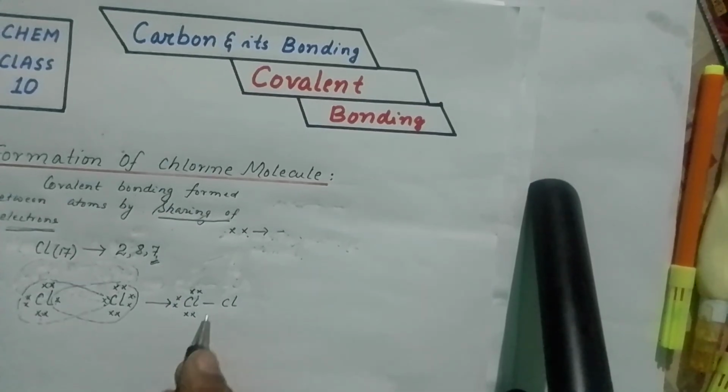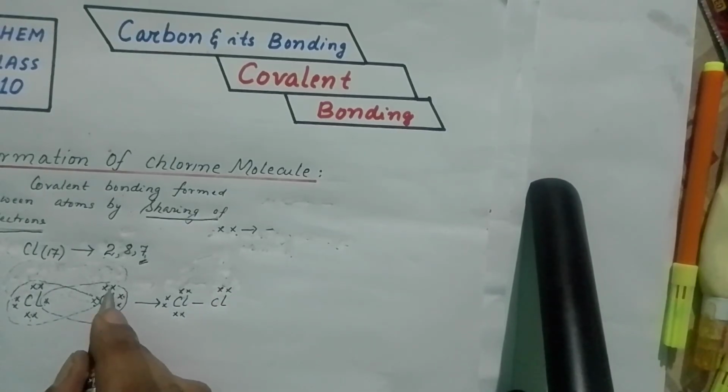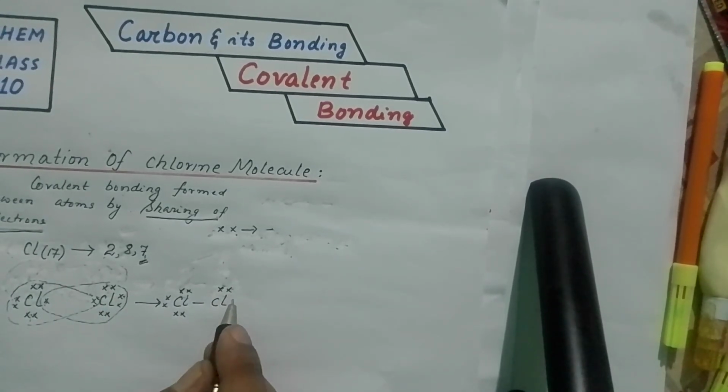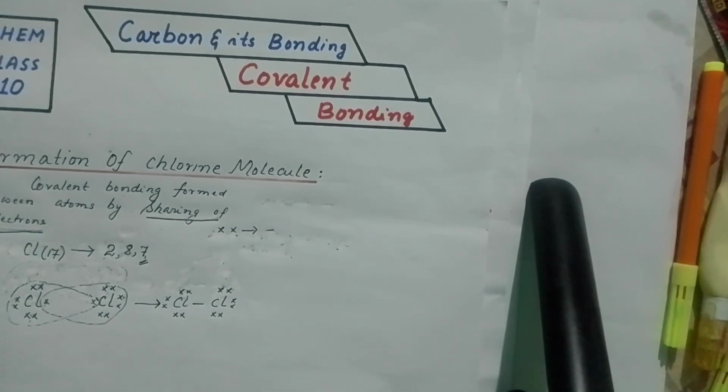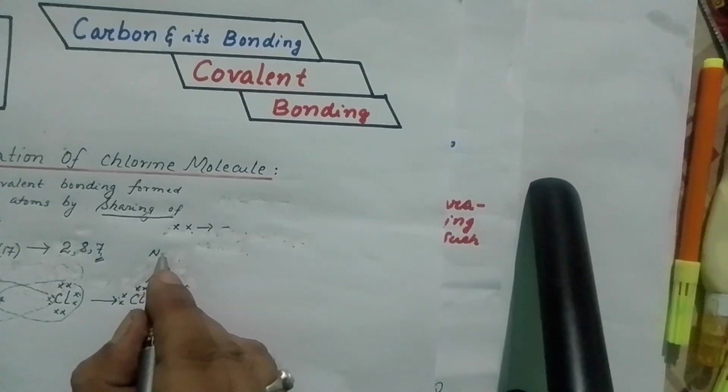How many electrons were there earlier? 3 pairs. 2, 4, 6. Finish. Now they form a bond. And these are called the non-bonding electrons. Please mind, 2, 4, 6, 2, 4, 6. These are called non-bonding. Why are these called non-bonding electrons?